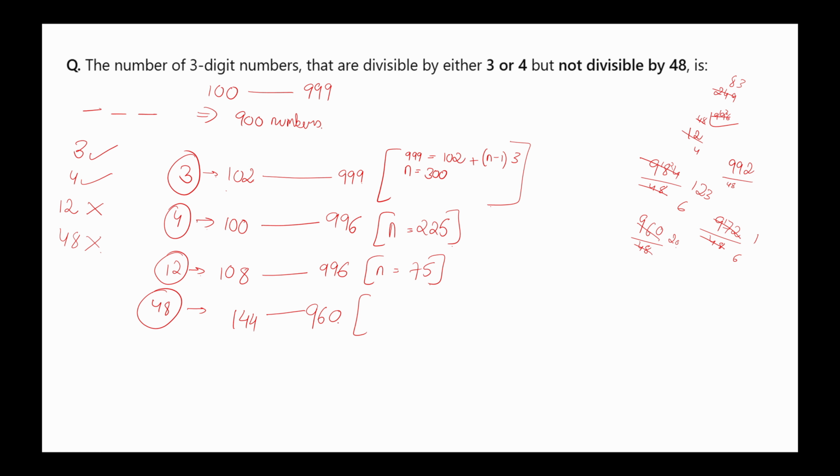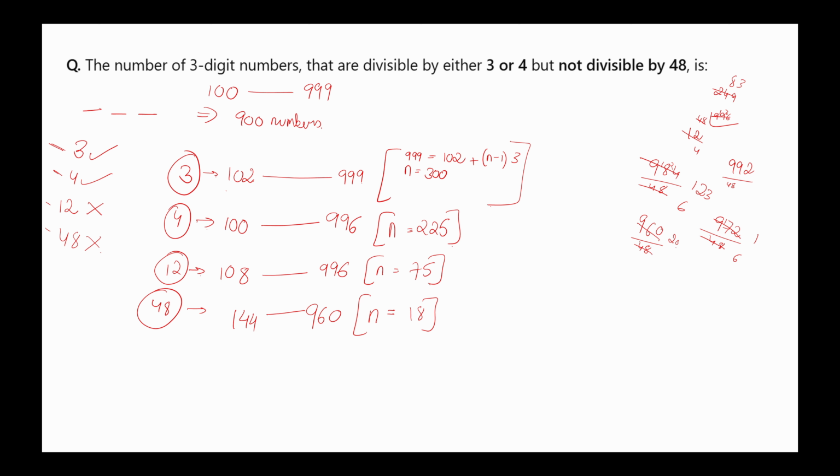So if I start calculating up till 960, what is my n going to come out to be? It would become 18. So now we found out each and every three-digit number which is divisible by 3, divisible by 4, divisible by 12, and divisible by 48. Now as per the question, we have to take into consideration our 3 and 4, and remove 12 and 48, because of course they are going to be overlapping, right?